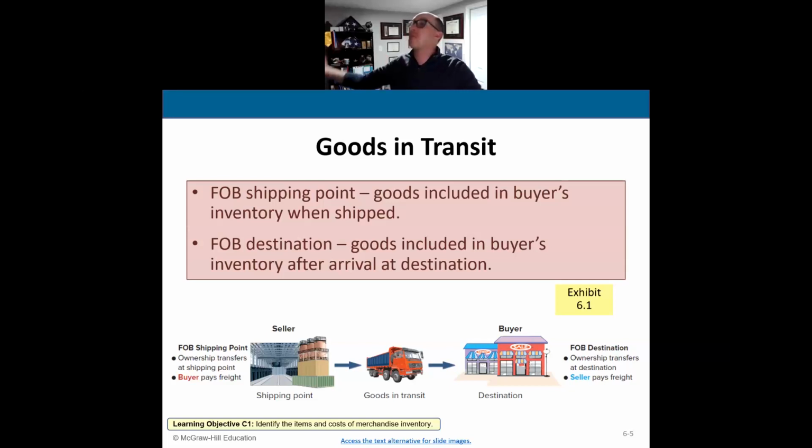Okay, that's free on board shipping point. Free on board destination, that's my distributor B. Distributor B says free on board destination. That means I don't put it into my Macy's inventory until after I've received it. Okay, so that's the way to think about this.